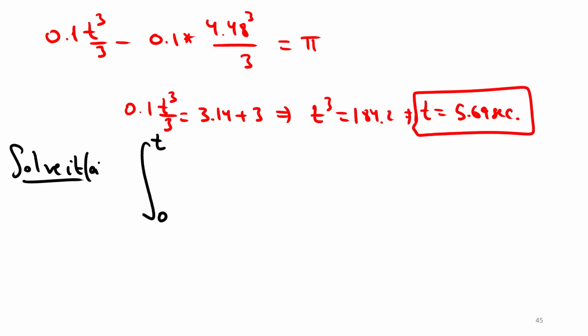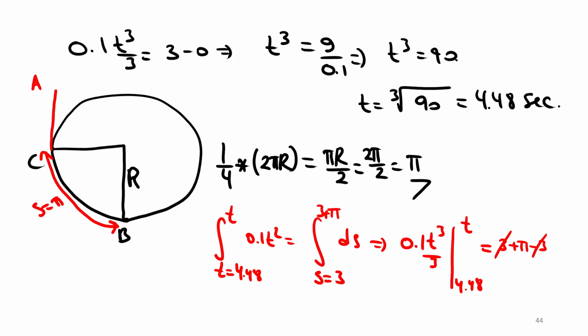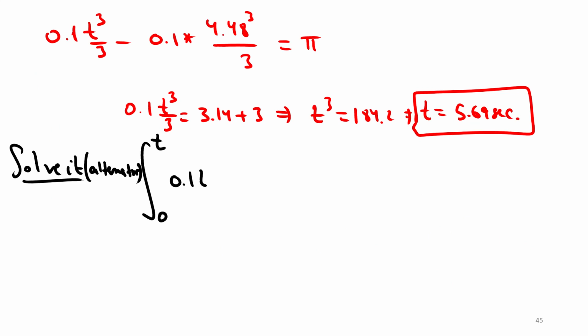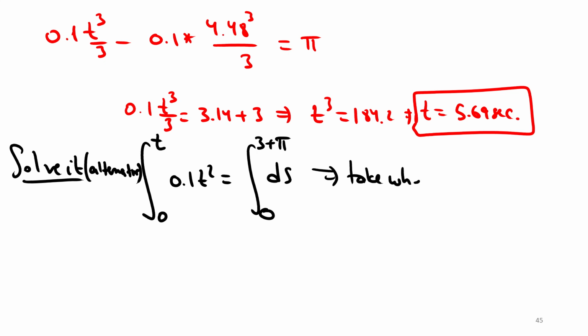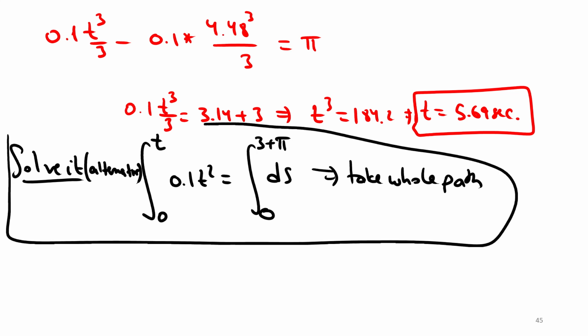This is an alternative: from 0 to t, 0.1 t squared dt is equal to ds from 0 to 3 plus pi. So take the whole path, and if you do this calculation, you will get the same result as this one.